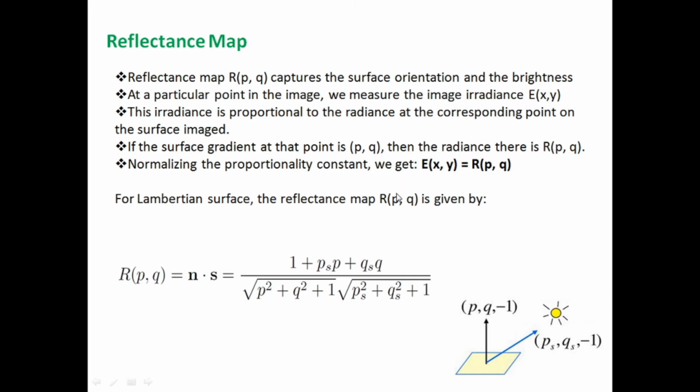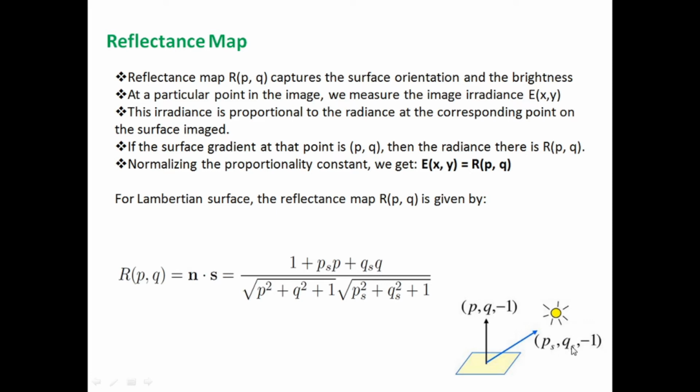Now for the Lambertian surface, which are diffuse surfaces that exhibit a uniform brightness, the reflectance map R of P comma Q is given by the dot product of the normal at that point and the source vector.